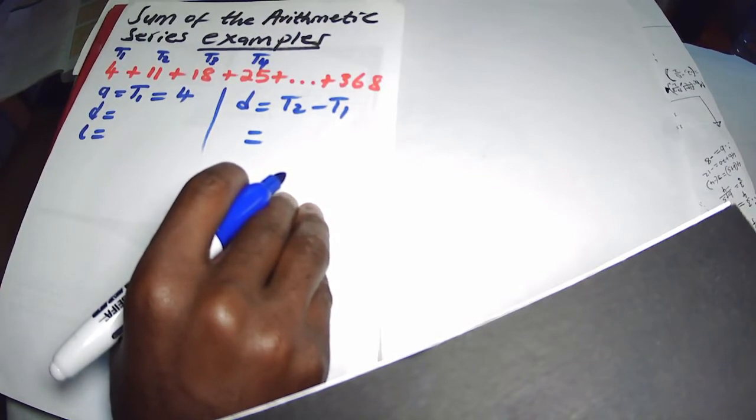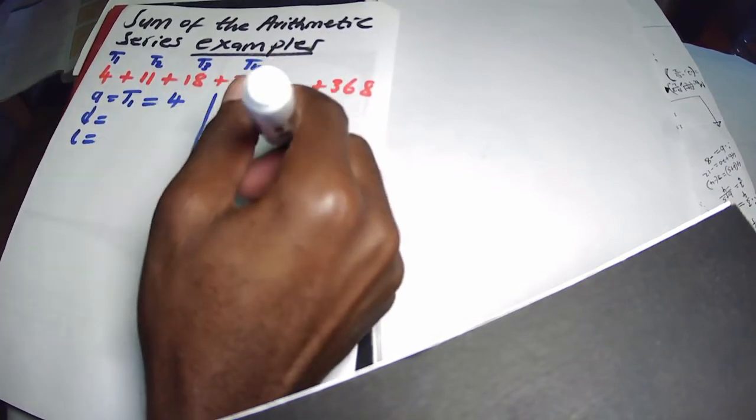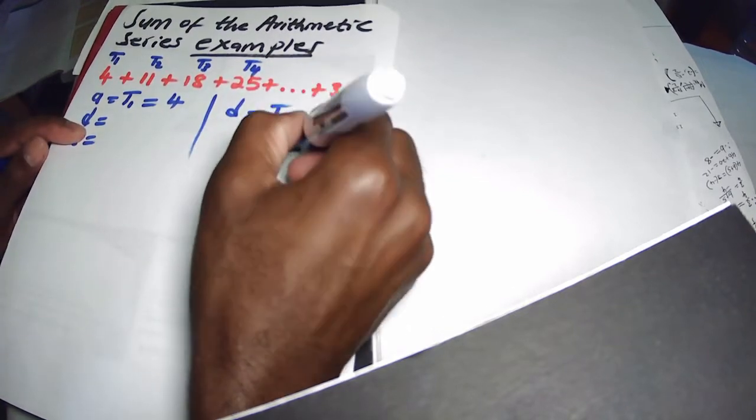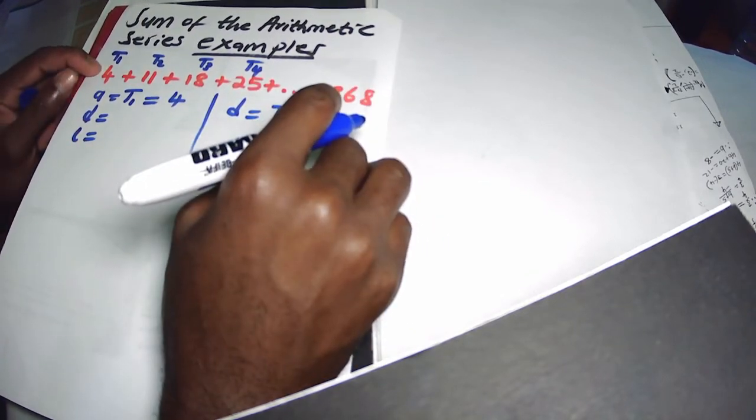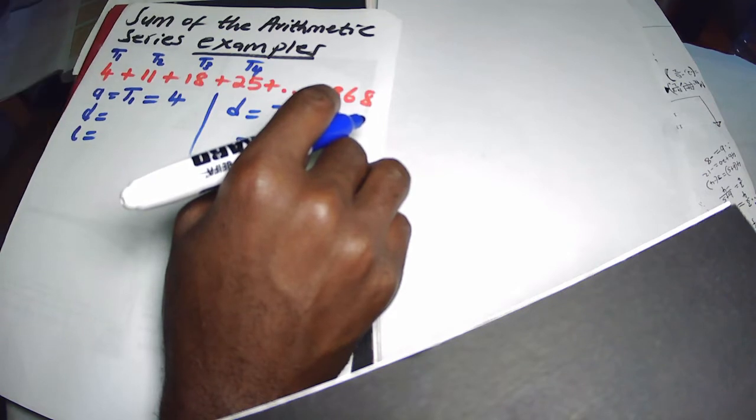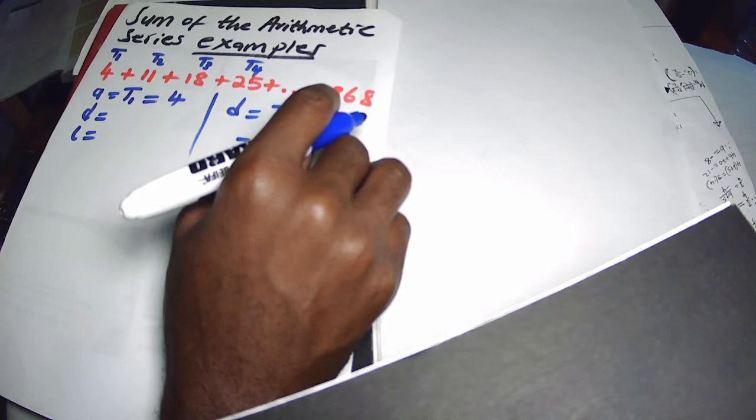Here we are going to sub in for T2, 11, and we subtract T1. So 11 minus the 4.